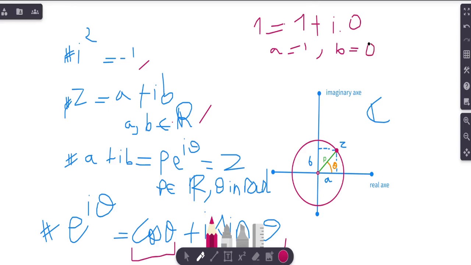So every real number is a complex number, but of course it's not the other way around. Not every complex number is a real number. So for example, i is not a real number. So in the set of complex numbers there is the set of real numbers.